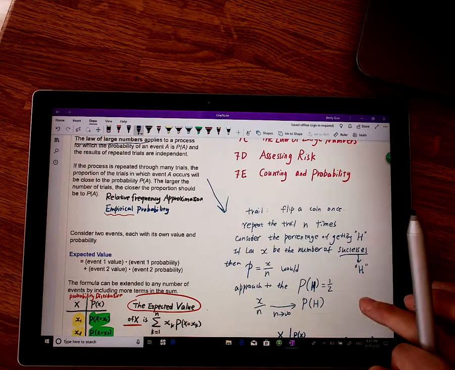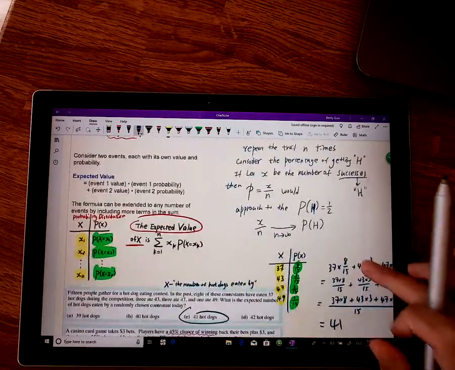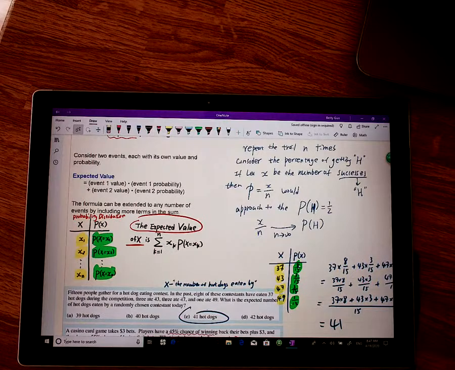Alright, let's move to the next topic. The expected value of a random variable. We have learned what a random variable is, right? We bring in a random variable to represent the population in statistics.